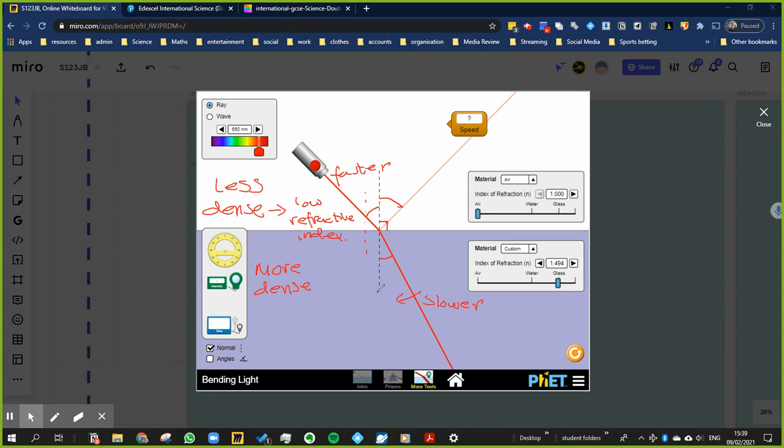So when any wave slows down, as long as it's not incident on the normal. So if I were to do it right on the normal, then it's got nowhere else to move. So that's the only situation. But when any wave slows down, it moves towards the normal.